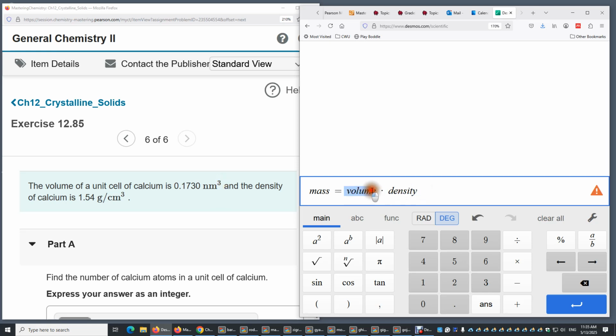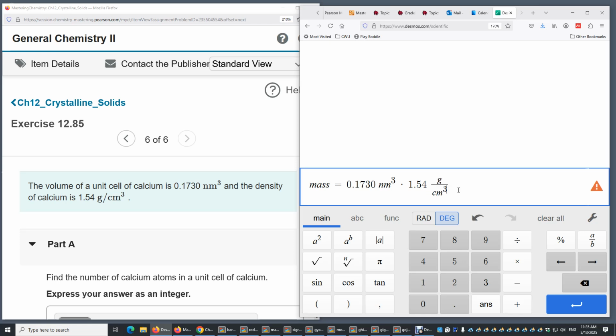So we'll have to replace volume with this value, and then we have density. Alright, so this is the setup. That's going to be the mass of the calcium atoms inside the cell.